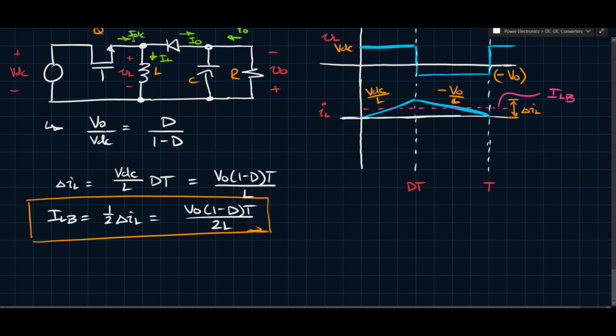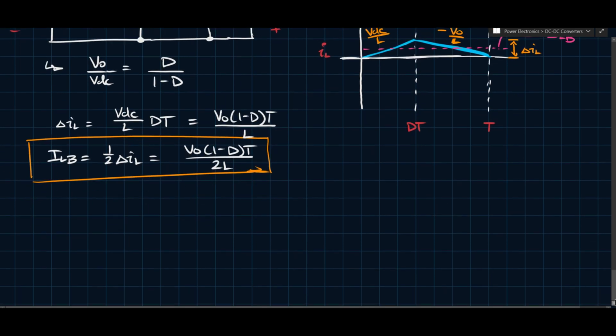Meaning, if I know these two currents, which I can relate to one another based on the current conversion ratio, which follows from the voltage conversion ratio, then I can also determine the boundary of either the input or the output, and I can use the boundary of the inductor current to do that.